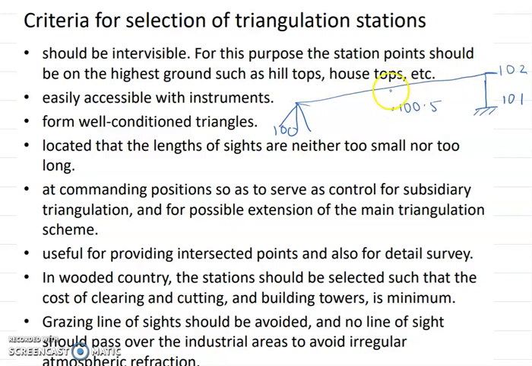And let's say at this point it is clearing this uneven ground by, let's say, 0.5 meter above this point. Whatever, it depends on the inclination angle. But let's say this line of sight in plane surveying is above the in-between obstruction by 0.5.